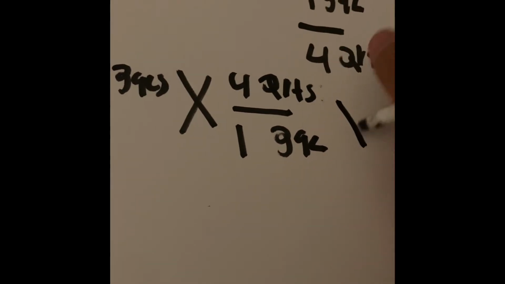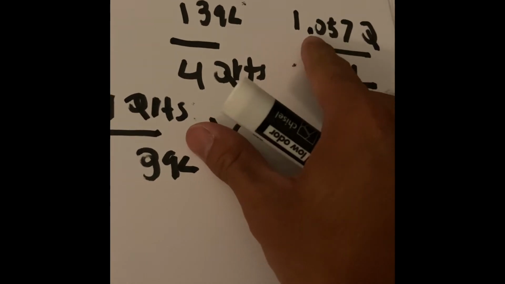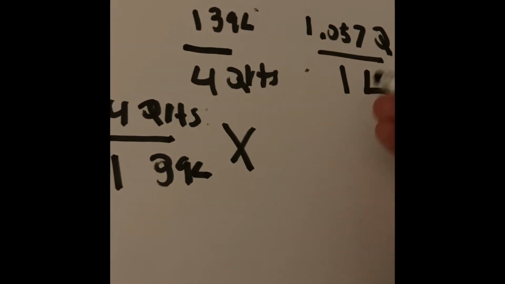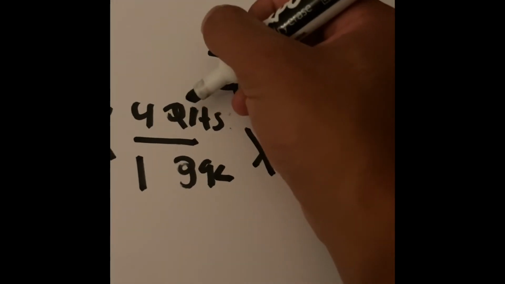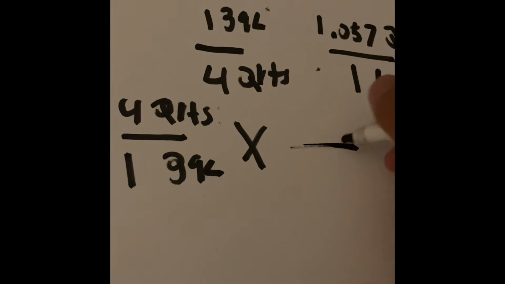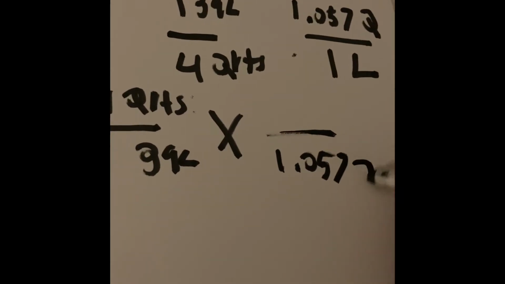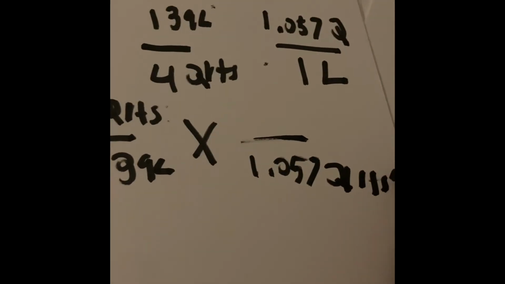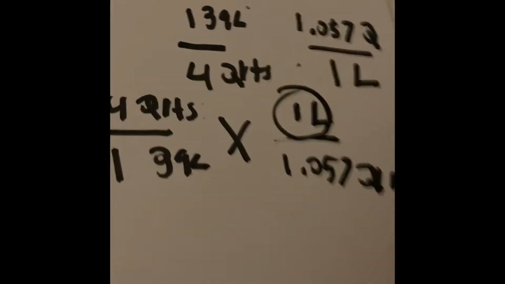Then we have to multiply again by 1.057 quarts is equal to 1 liter. But we put quarts on the bottom because quarts were on the top in the previous one. So we have to put 1.057 on the bottom, and 1 liter on the top, indicating our answer.